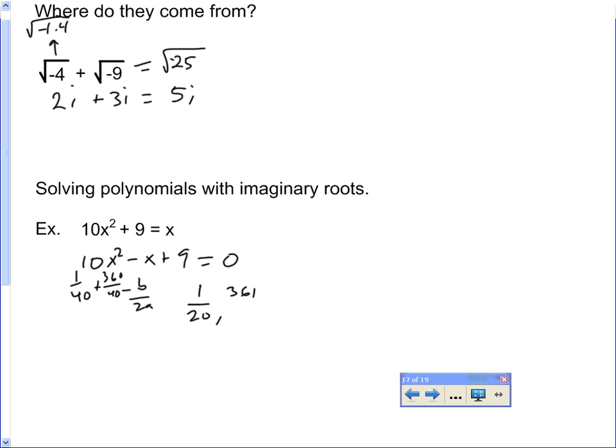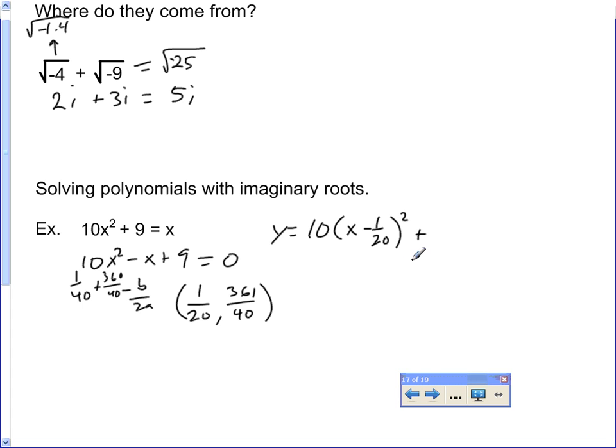So I get 361 over 40. This is my vertex, so my vertex form would be keep the same a, so 10 times x minus the x coordinate of my vertex squared plus the y-coordinate of my vertex.